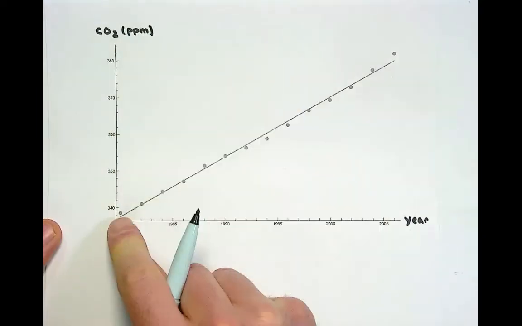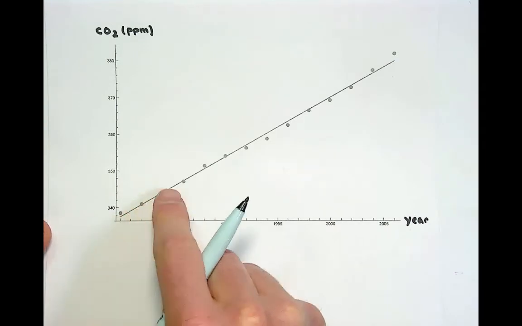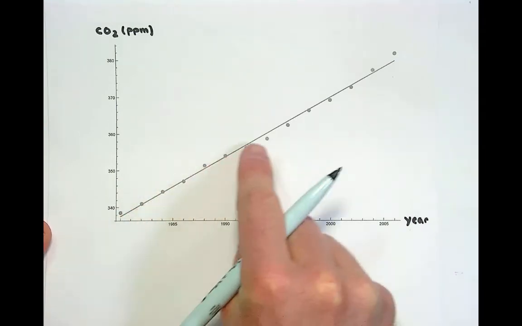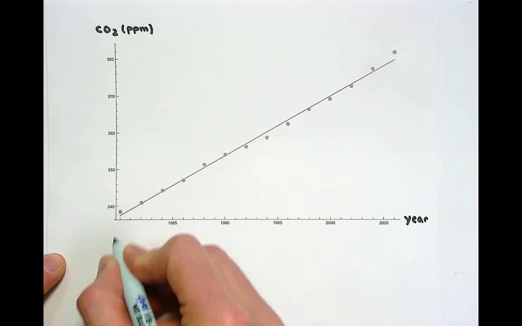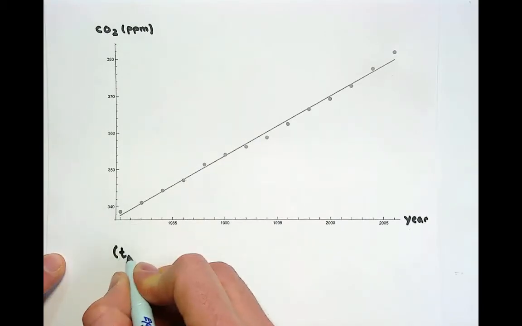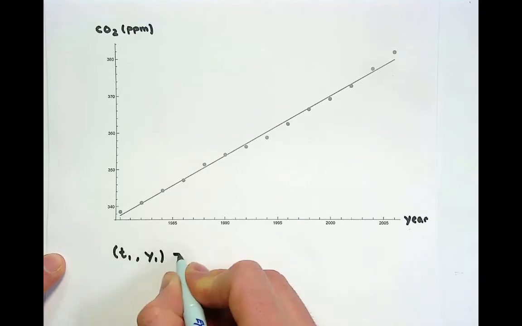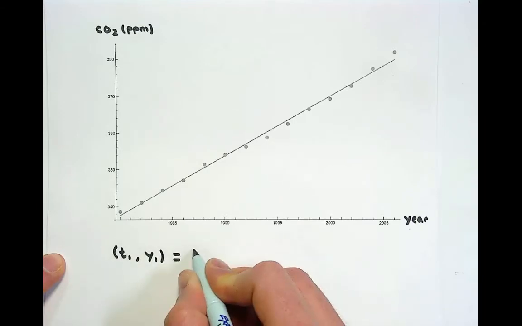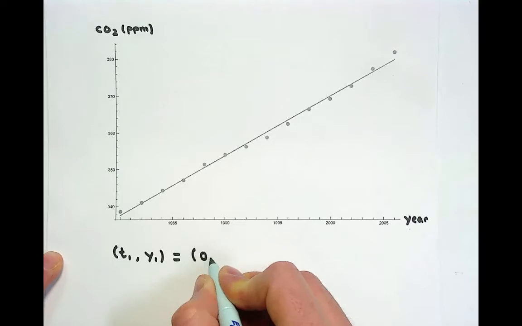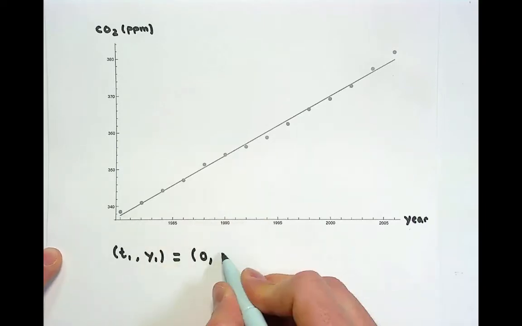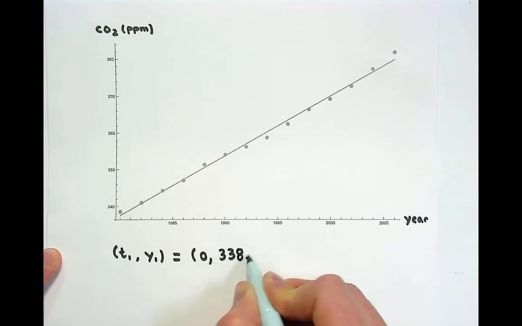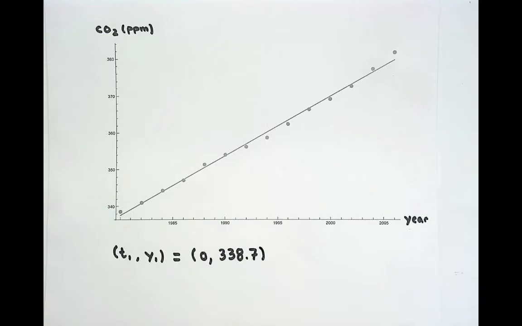And what you see is these dots are the individual dots from that data. So in particular, this first dot here, we're going to call that one T1, Y1. And we saw that T1 was 0 at 1980, and Y1 was 338.7 parts per million.